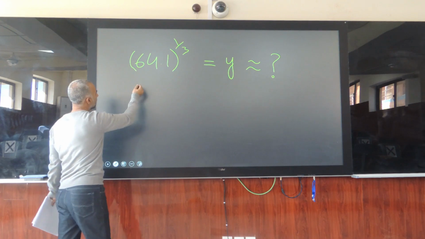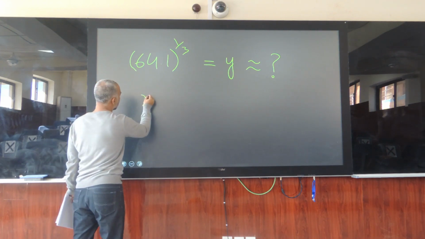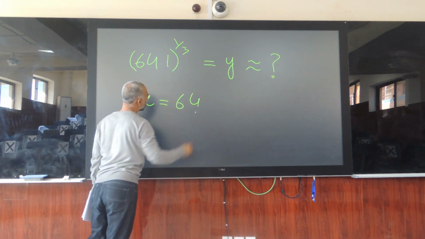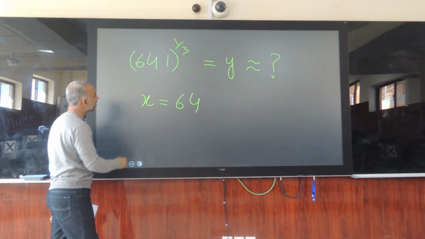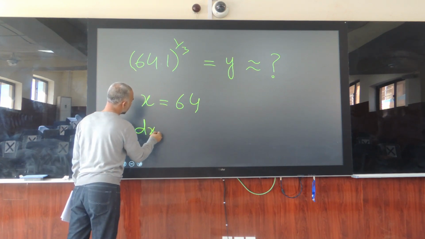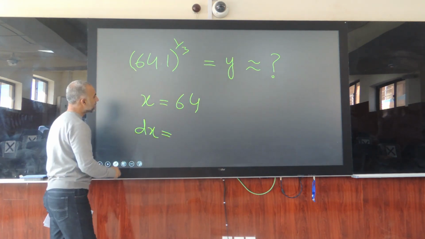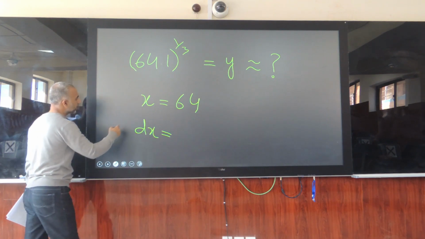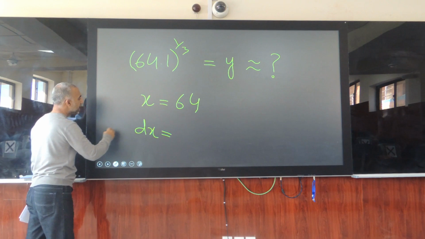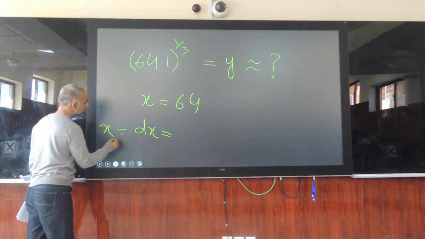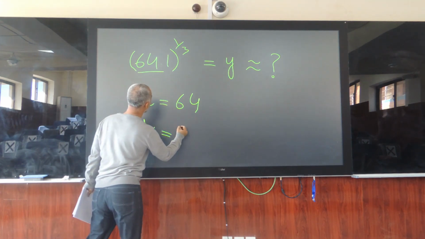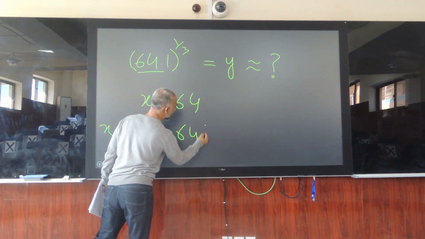For example, x can be 64, but the small increment here is the dx. On an assumption basis we are saying that x is 64. The complete expression for this value can be written as 64.1.